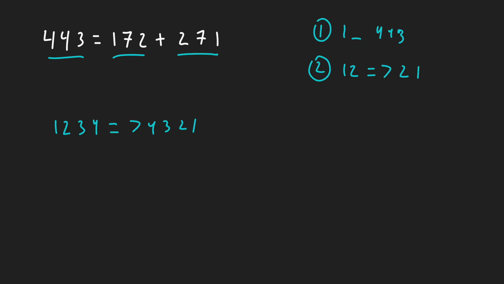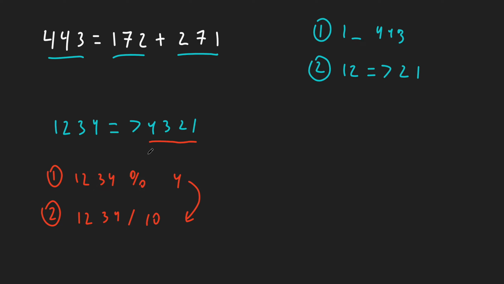We are taking the modulo of 1, 2, 3, 4, so the modulo gives us 4. And then at the next step, we are dividing that by 10, and we are doing that repeatedly until we finish the number.